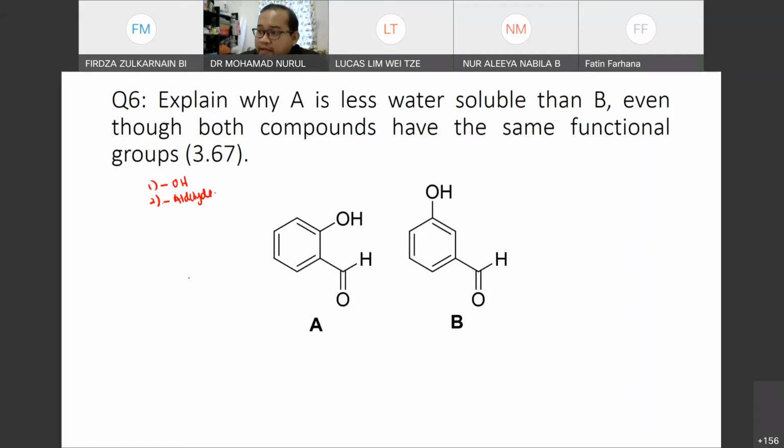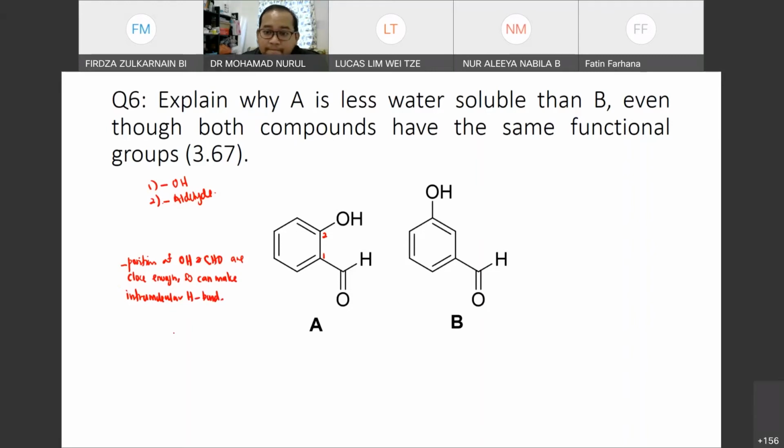So for compound A, just label 1 and 2. The positions of OH and CHO are close enough, so they can make an intramolecular hydrogen bond. This is the first point.